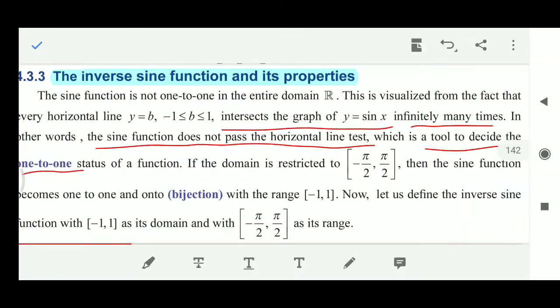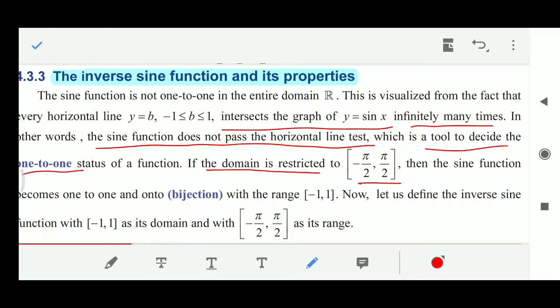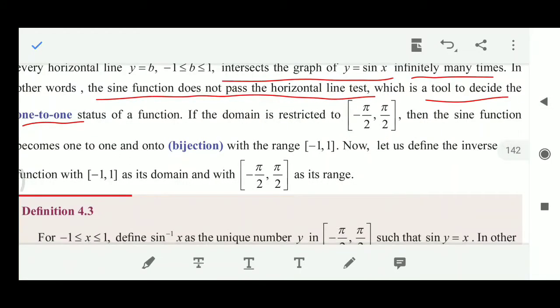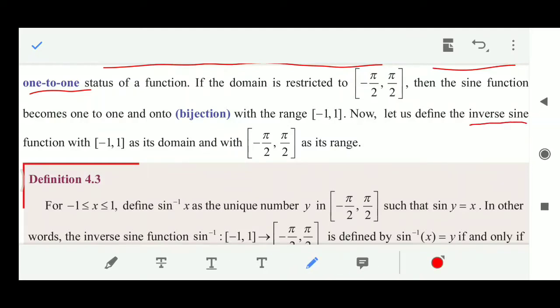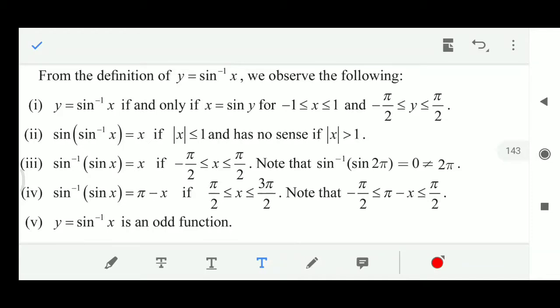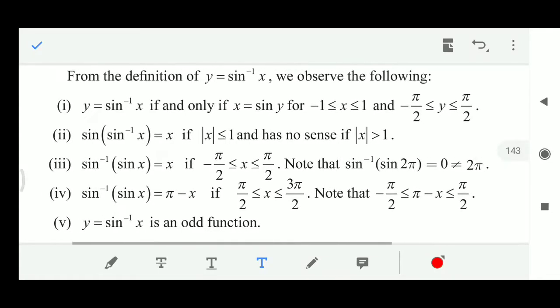So in this interval, the sine function is 1 to 1, and it is also onto, so it is bijective with the range minus 1 to plus 1. This concept of sine inverse is already defined to you, that is, sine inverse has its domain minus 1 to plus 1 and its range is minus pi by 2 to plus pi by 2. Now we are going to see the important points from the sine inverse.